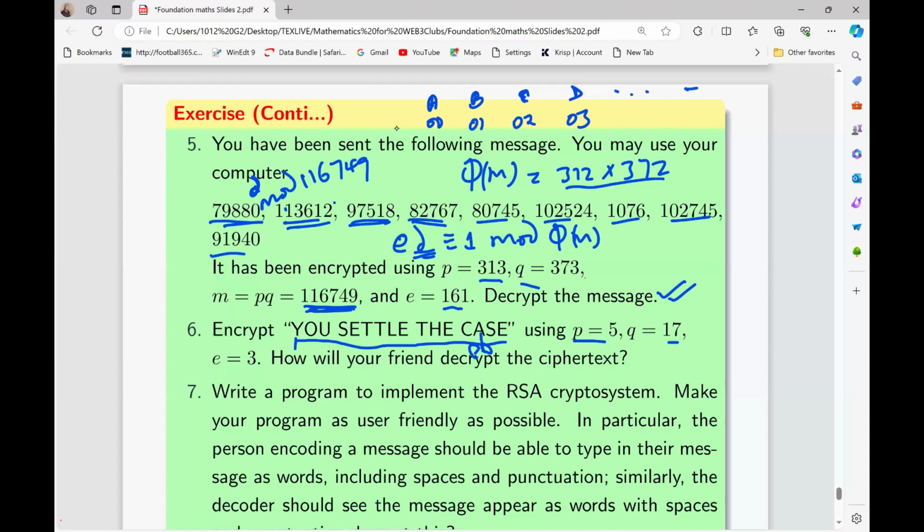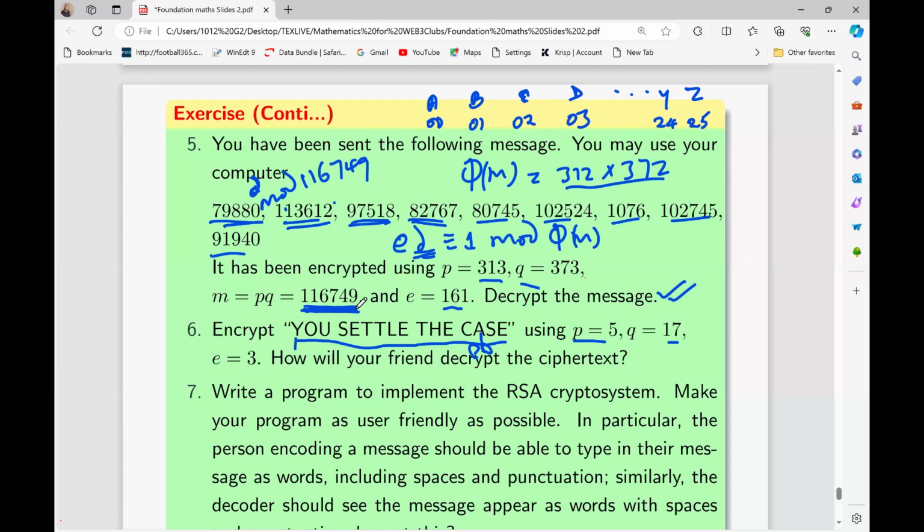This means Z will be 25, and Y will be 24. Now convert all this to their respective integers. And then you look at M.